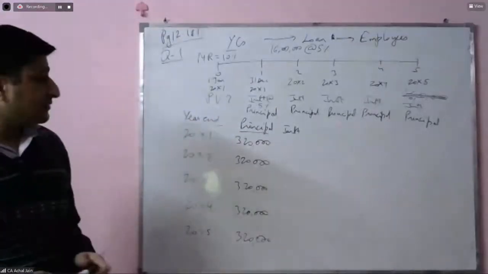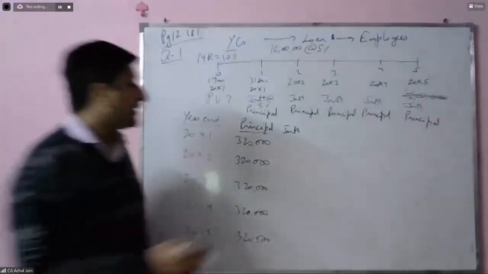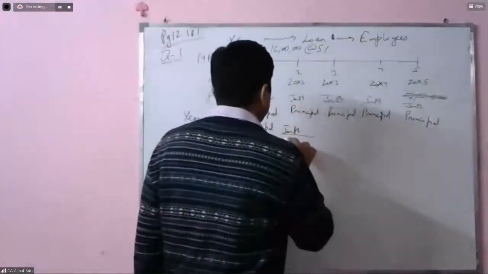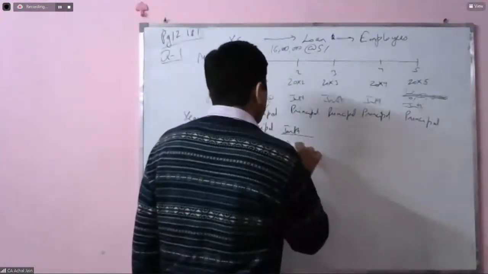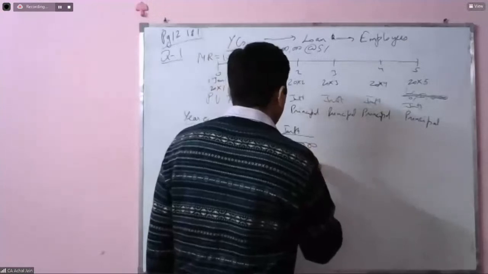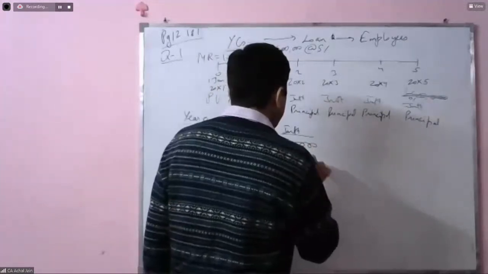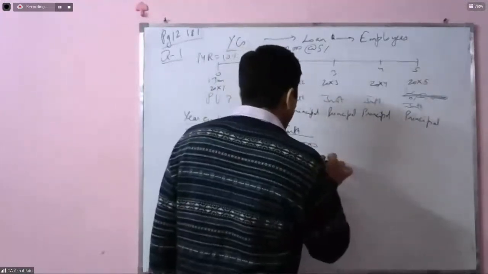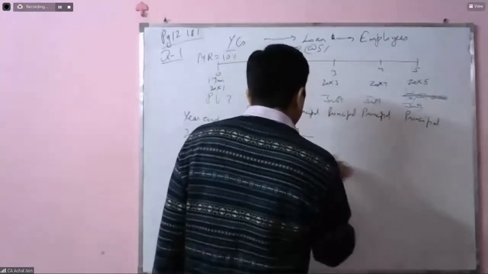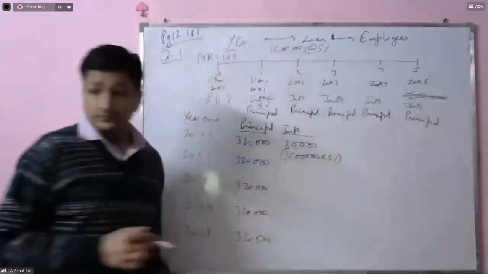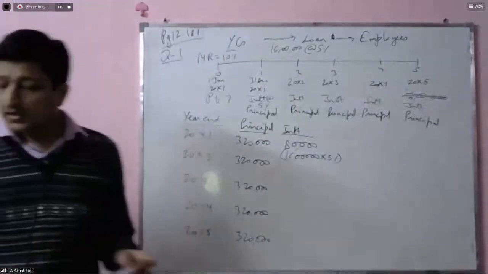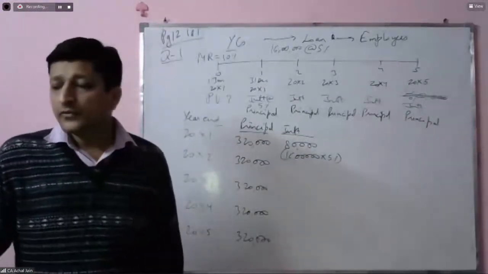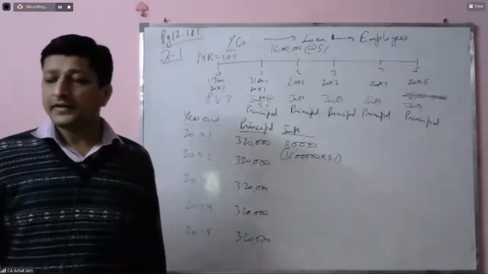Now, in the first year, what will happen? We will compute interest. The interest comes out to 80,000. How do we compute it? 16 lakhs into 5%. In the first year, 16 lakhs into 5% will be the interest amount.